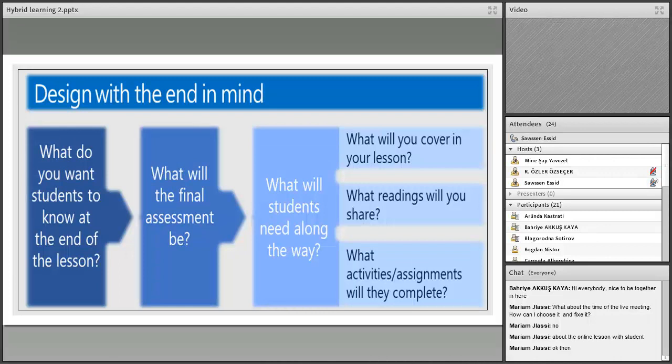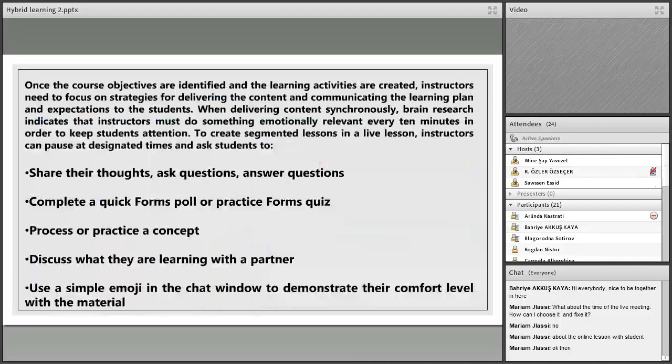After that, what will students need along the way in their learning process? What will you cover in your lesson as an educator? What readings will you share? What activities and assignments will they complete? And this is not something new to you. We are all doing this in our classes, in our lessons.